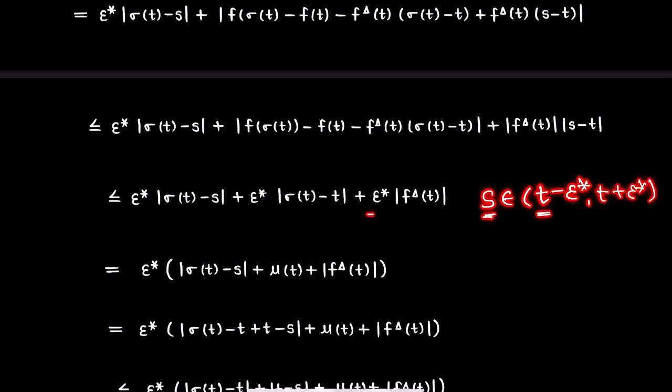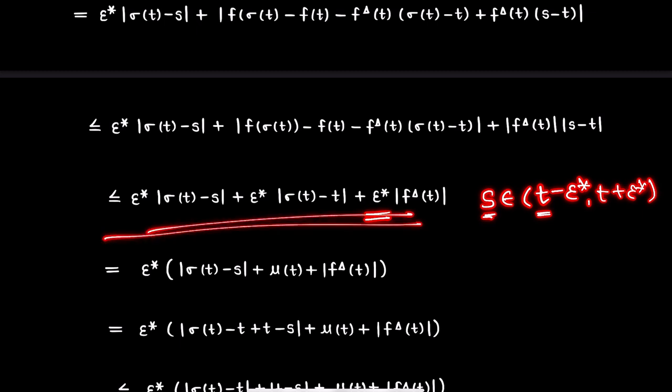So this will be less than or equal to epsilon star multiplied by modulus of sigma t minus t plus. Now observe that modulus of f delta t we have taken as it is, and this modulus of s minus t will be less than or equal to epsilon star. Since s belongs to the interval t minus epsilon star and t plus epsilon star, the distance between t and s will be strictly less than epsilon star.